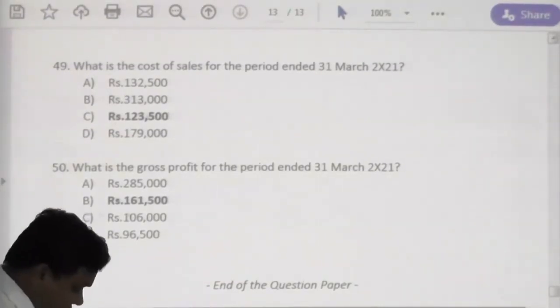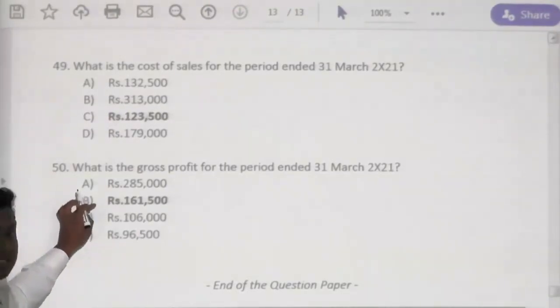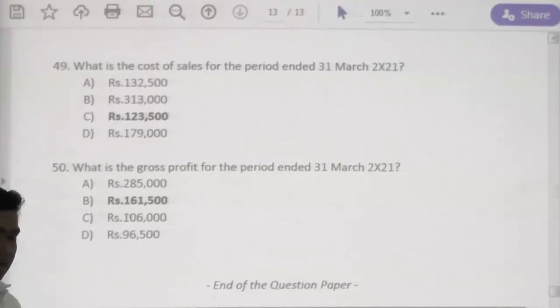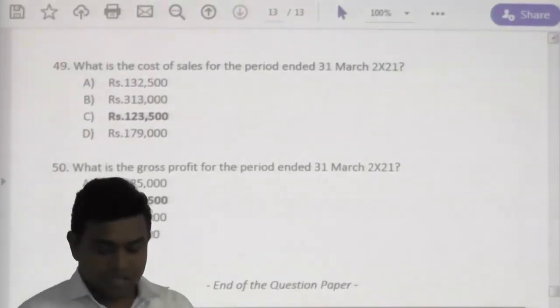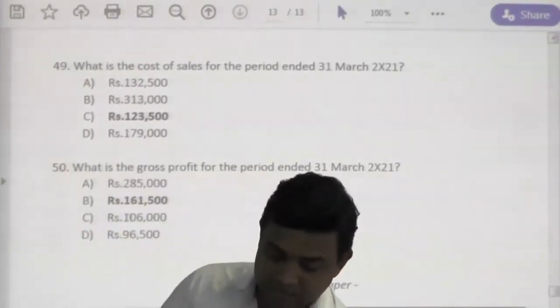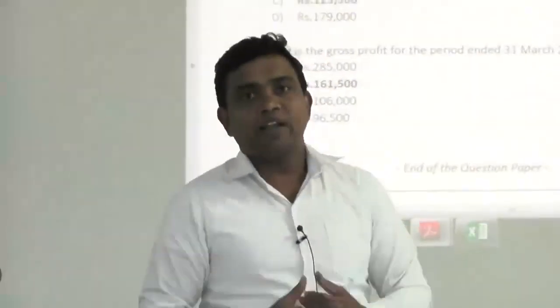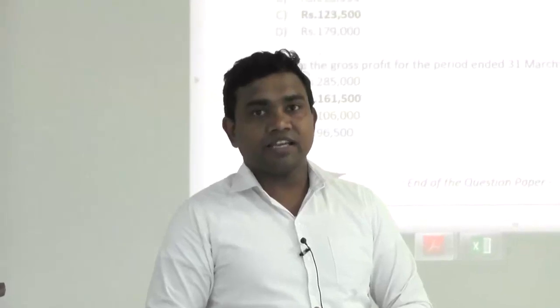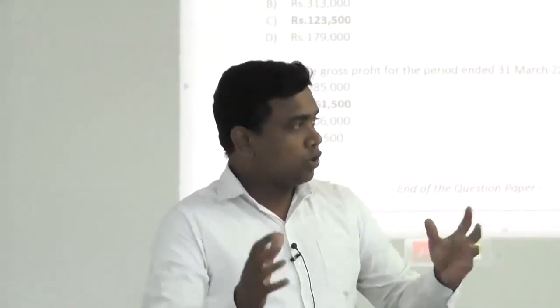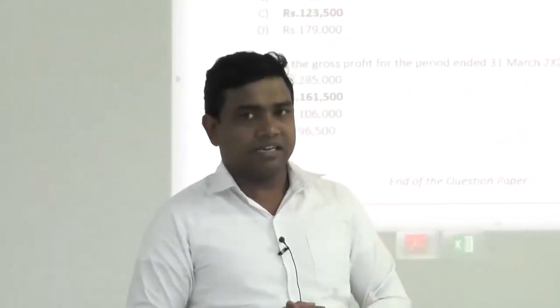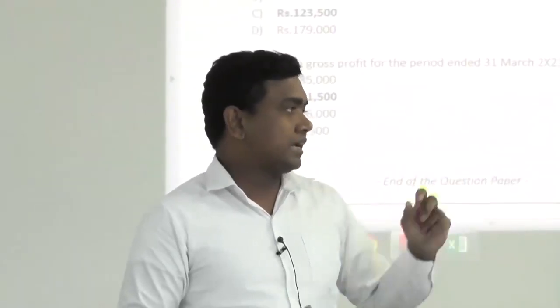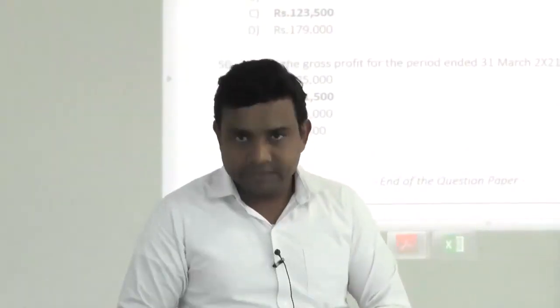Then 161,500 is the gross profit earned during the period. Therefore, you can understand if there is a question like this, see how many questions they raise. If they raise more than 2-3 questions, better to prepare the table and answer directly, because you can take the exact correct answer using the table.